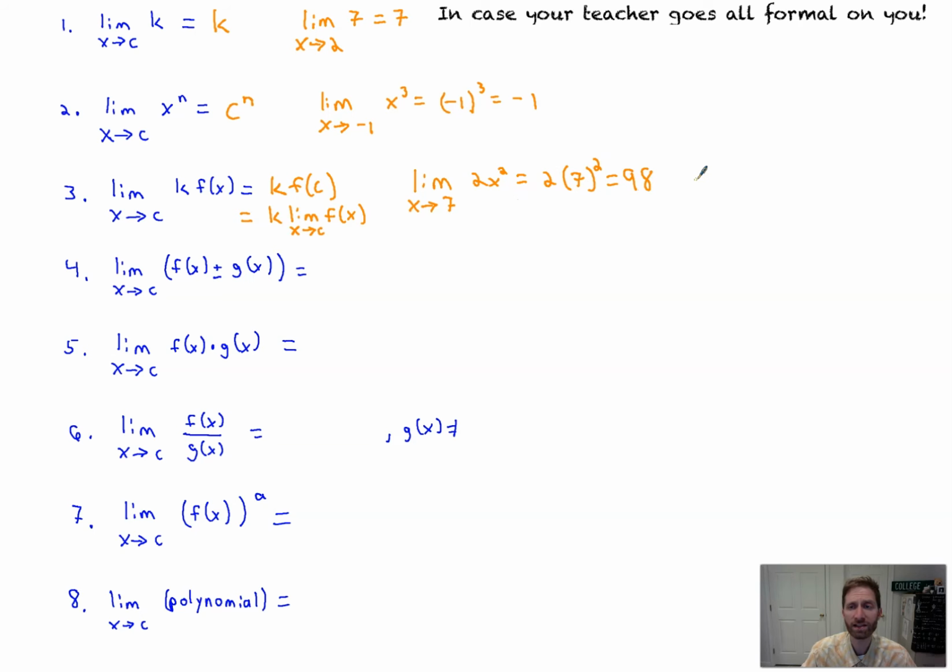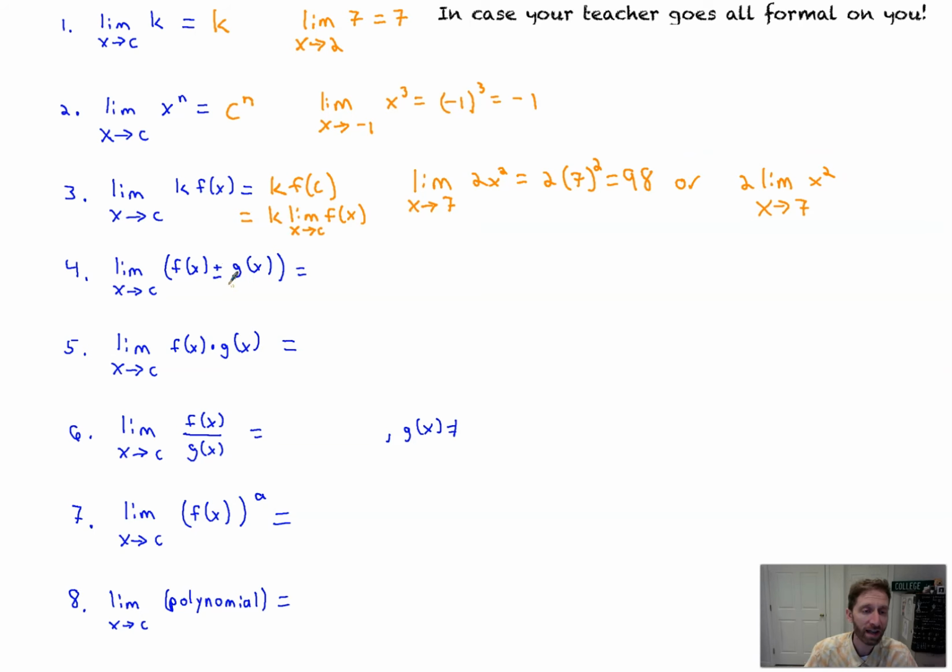Or you could take it and say it's the same as 2 times the limit as x goes to 7 of x squared. I would never simplify things like that in a million years, but it's going to come in handy down the not too distant road, this property. And we'll see that later. This, of course, would equal out to the same number. Not going to go through it step by step.